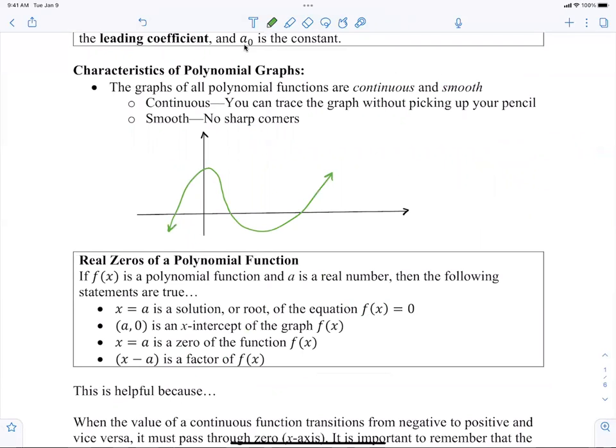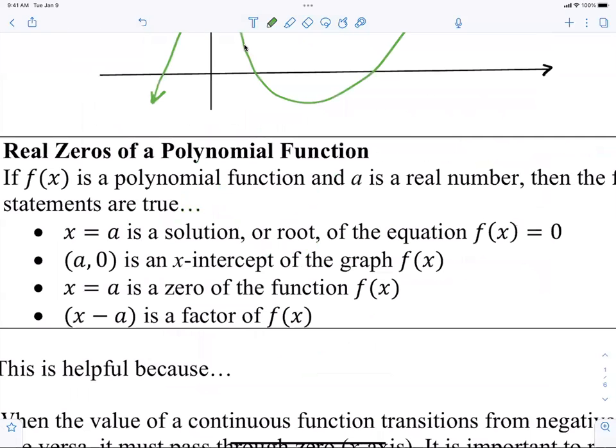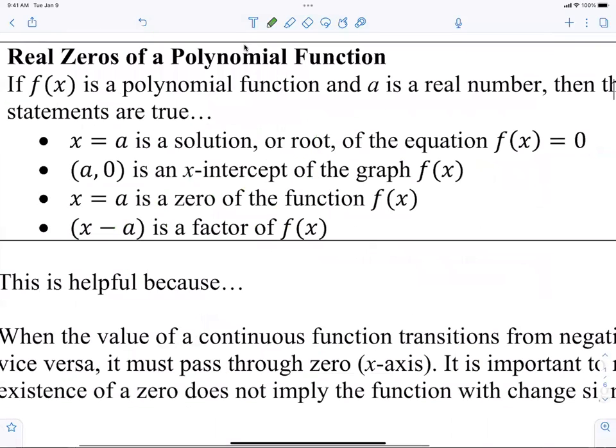So if f of x is a polynomial function and a is a real number, then the following statements are true. And I know it's come up this year in discussion of using certain vocabulary incorrectly. So I want to try and correct that now. Anytime you are solving for an unknown is when you are solving something.